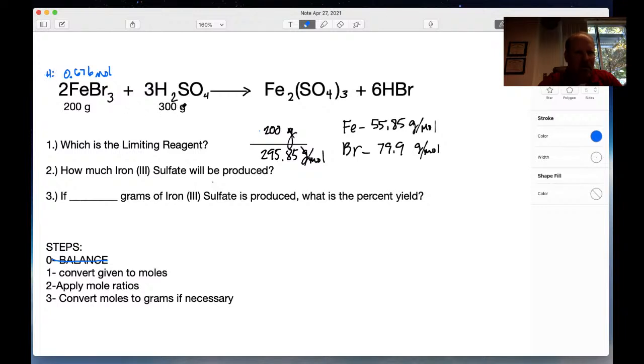And over here, with 300 grams of H2SO4. So 300 grams, and then H2SO4. H is equal to 1 and there are 2 of them, so that's equal to 2. S, since there's only one of them, is 32.066 grams per mole.